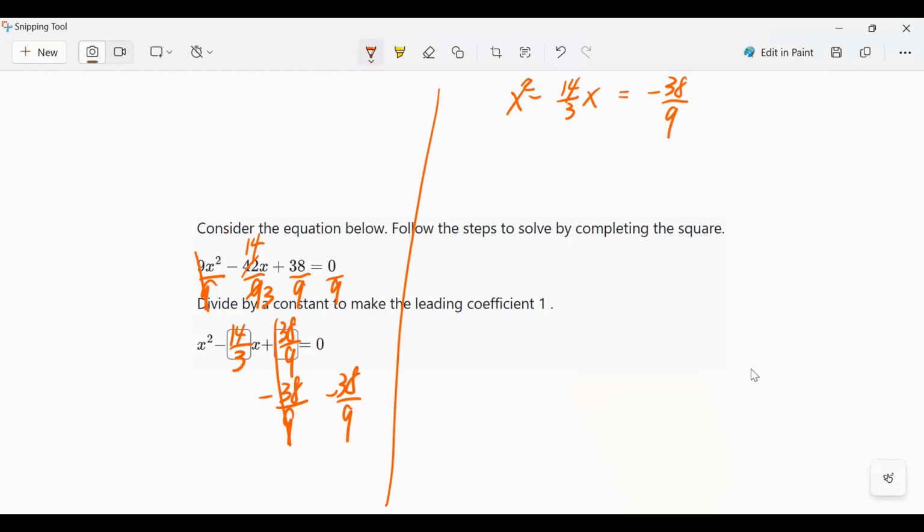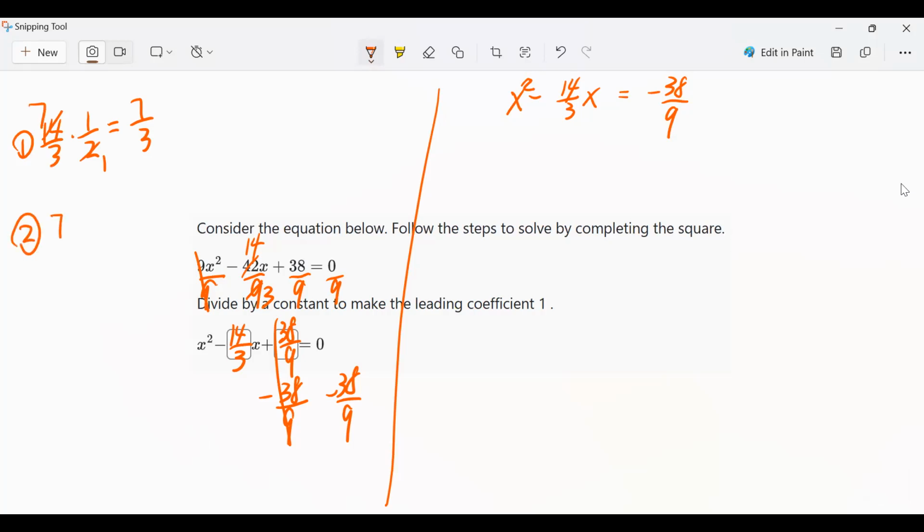Now, from here, you will take half of the middle coefficient. First step, 14 over 3, divide by 2, which means multiply by half. Simplify, you get 7 over 3, because 14 reduces to 7 over 3.